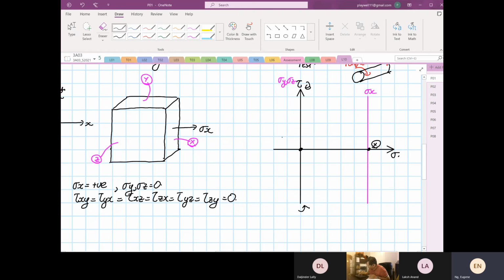So this is your point Y and also your point Z. Now we can start constructing our Mohr circle from here. So this is our Mohr circle.